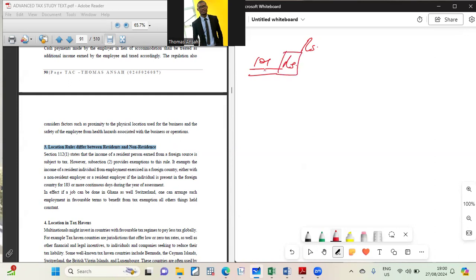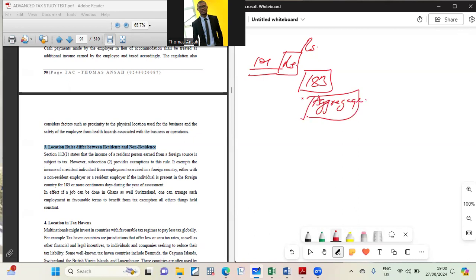But for now, what you need to understand is that so far as a person is resident, please, we didn't say citizen, no. We say resident. By definition, for now, what we can say is that somebody who has stayed in this country for more than 183 days, in aggregate of 183 days, is a resident.